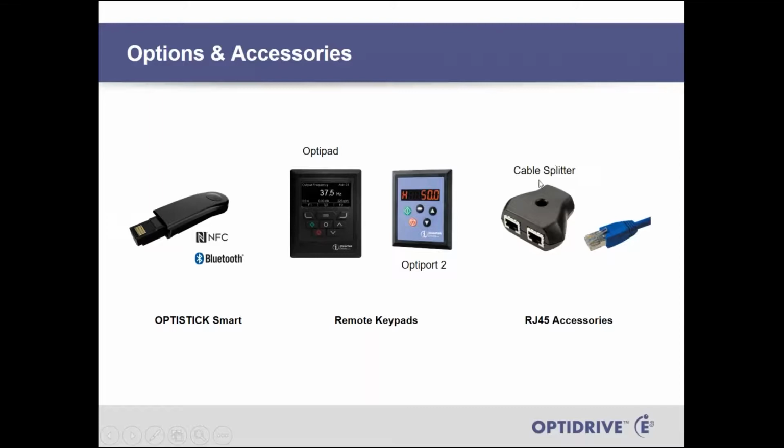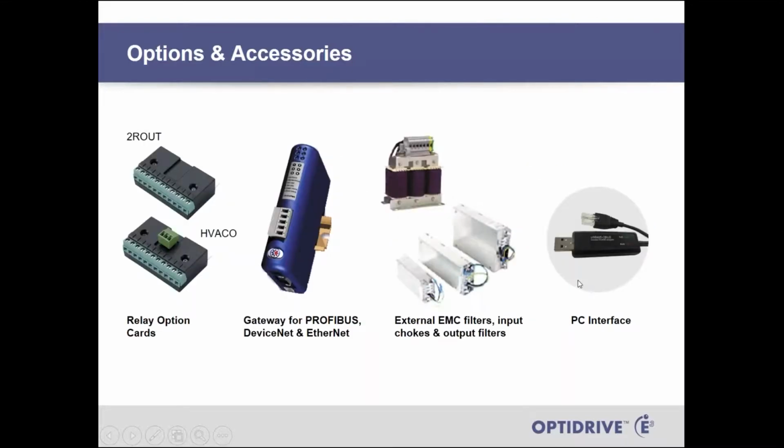There's also a cable splitter. This is mainly used for communications, for fieldbus protocols, and some other expandable I/O models that you can use. Also, we have input and output chokes in case you need them, maybe for a high-harmonics installation.